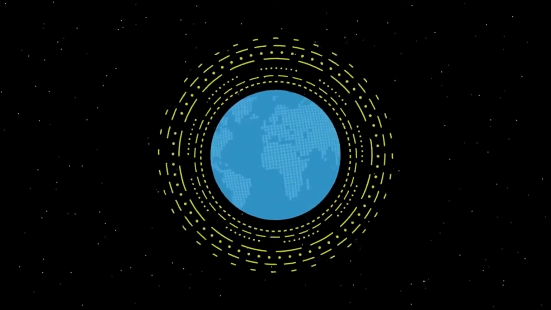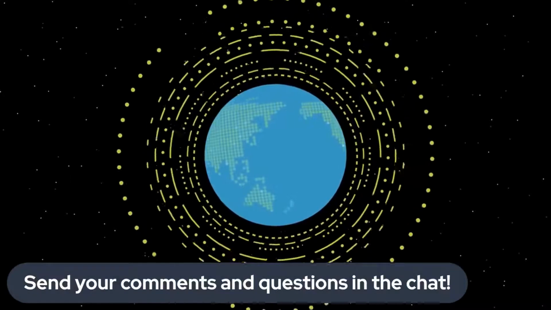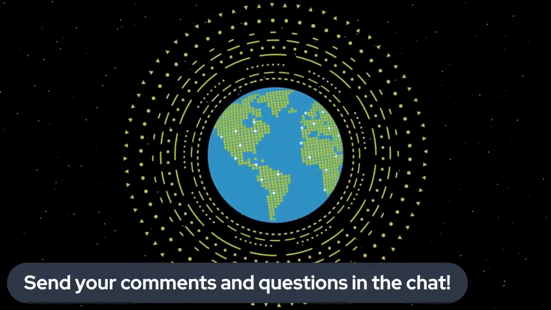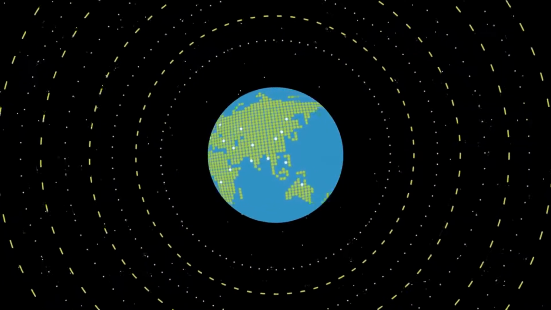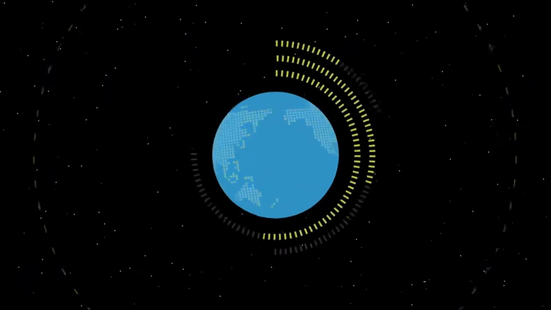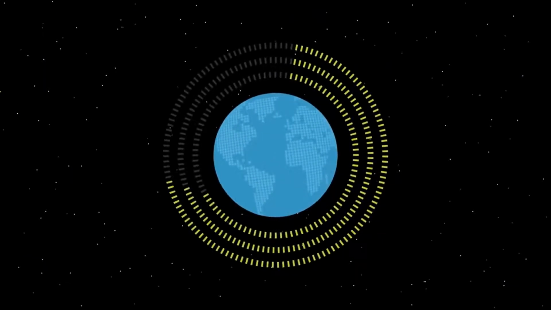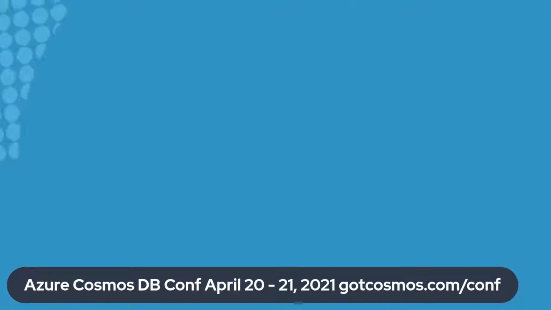Only Azure Cosmos DB makes global distribution turnkey. You can add Azure locations to your database anywhere across the world at any time with a single click. Azure Cosmos DB will seamlessly replicate your data and make it highly available. Azure Cosmos DB allows you to scale throughput and storage elastically and globally. You only pay for the throughput and storage you need, anywhere in the world at any time.